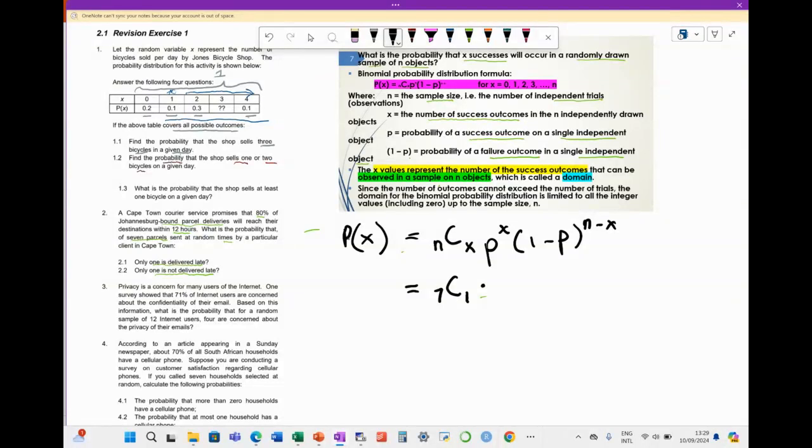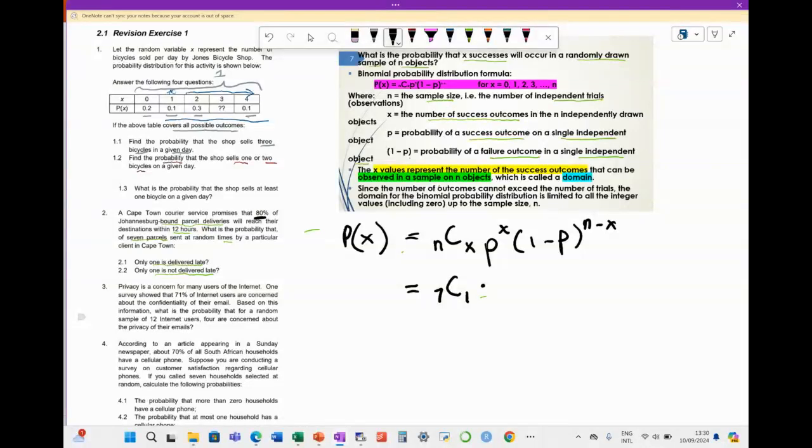So now the probability of us being late is what? Here they only gave us 80. A Cape Town courier service promises that 80% of Johannesburg bound parcel deliveries will reach their destination within 12 hours. Okay. So that's the promise of them being delivered within 12 hours.